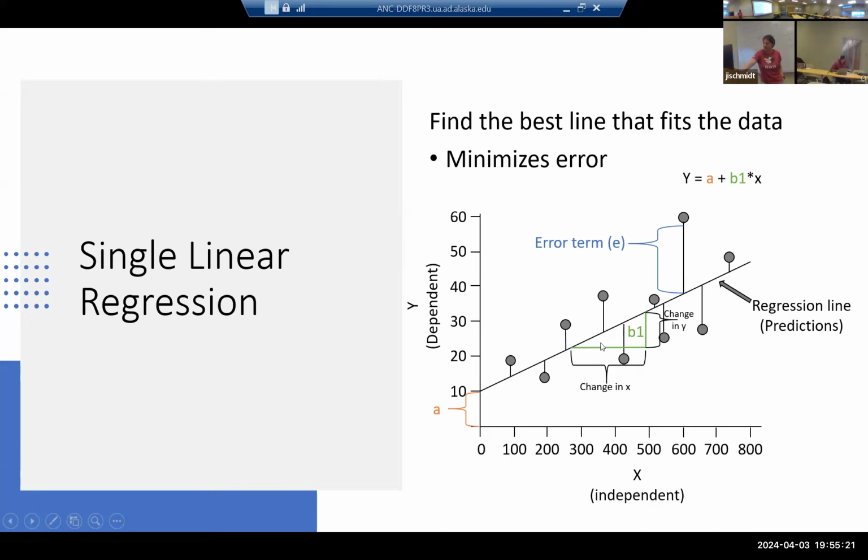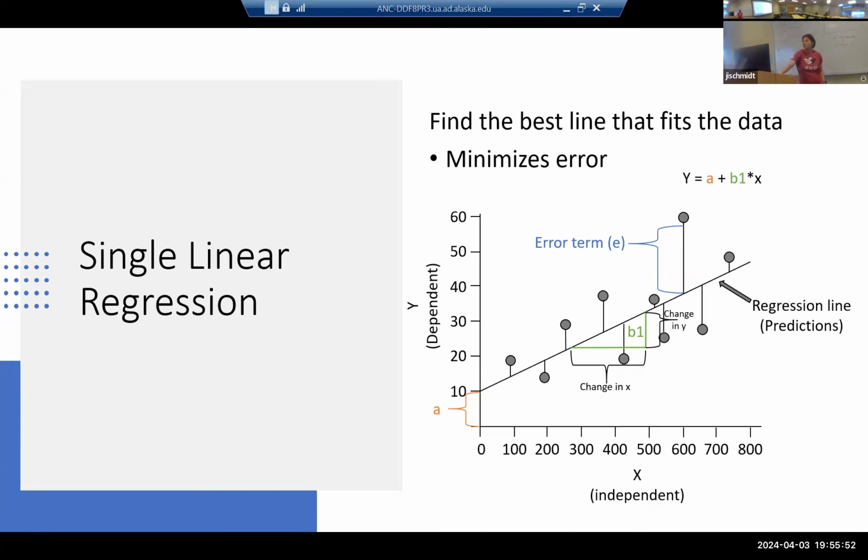It's trying to put a line through these, say, dots, where the errors total the smallest amount. So your error is how far off your real data is from the predicted data. And I'm sure you've seen the equation, y equals a plus b1 times x.